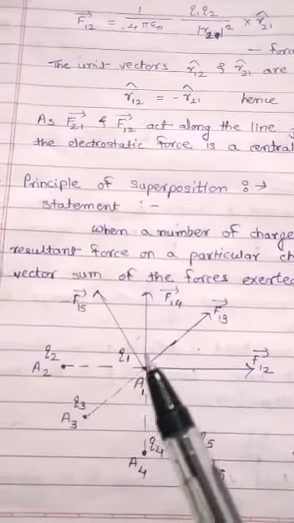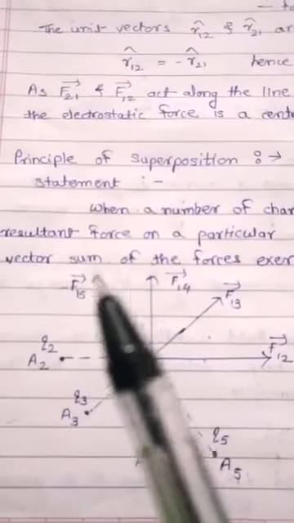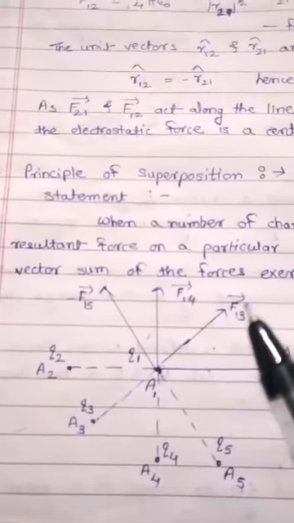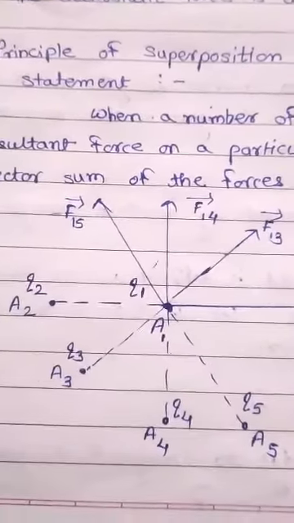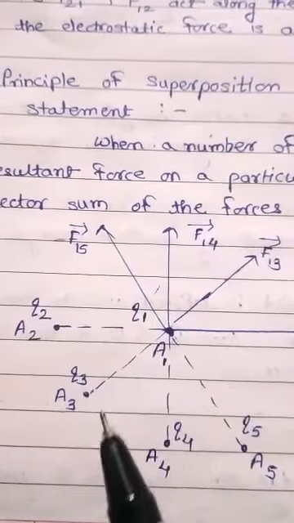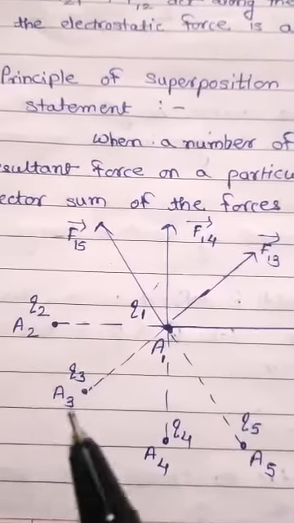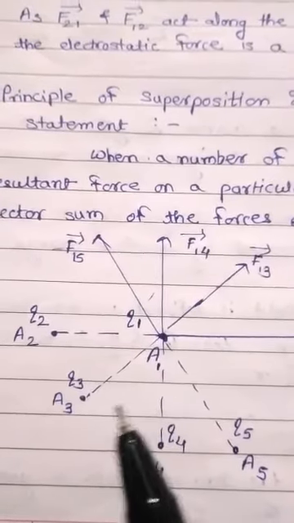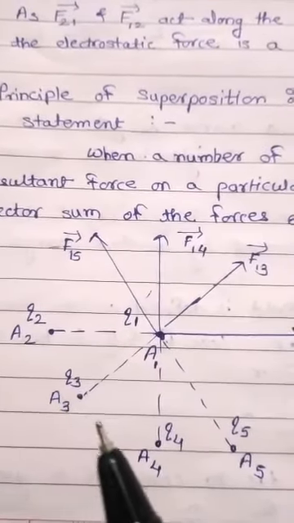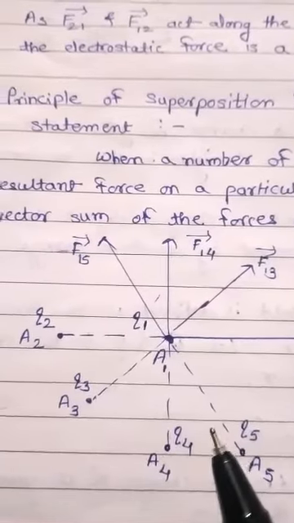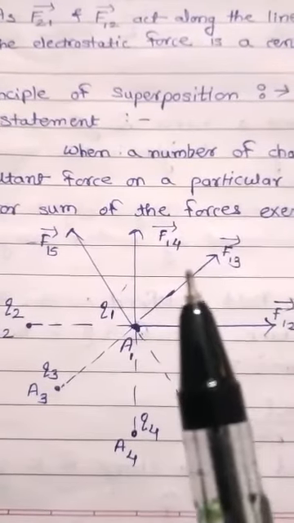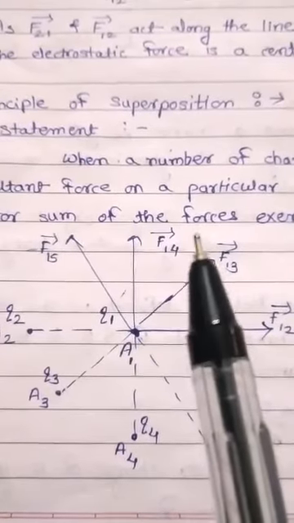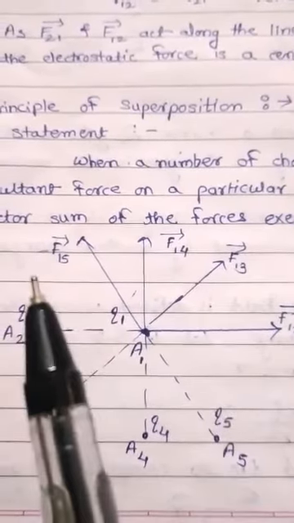So the resultant force is the sum of the forces of the other charges. Considering Q1, Q2, Q3 as point charges situated at points A1, A2, A3, A4, A5 and so on, F12 is the force exerted on Q1 by Q2, similarly F13, F14 and F15.